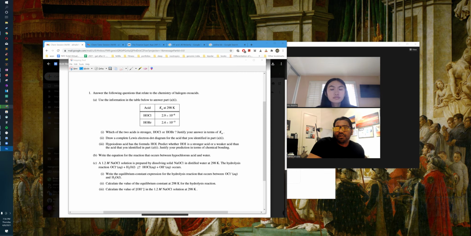Interesting. Write the equilibrium constant expression for the hydrolysis reaction that occurs between OCl minus and H2O. So K is going to be HOCl concentration times OH minus concentration over OCl minus concentration.